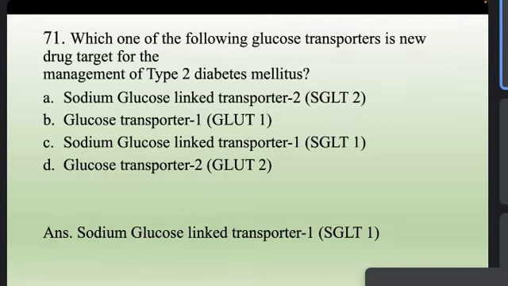So what is a major side effect of gliflozins? The very common side effect of gliflozins is urinary tract infections, and in females, vaginal infections due to the excess glucose in the urine. So glucose gets expelled out in urine, right?